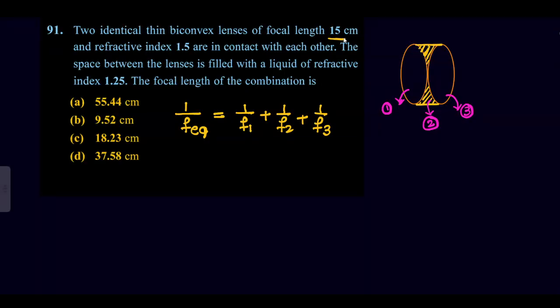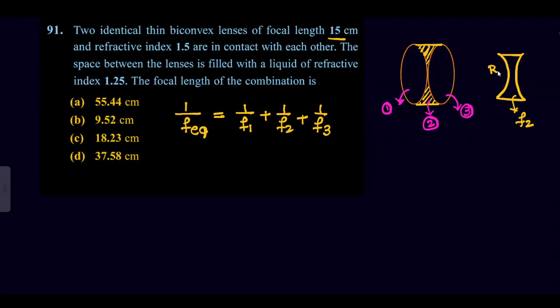What is the type of this lens? Concave. So we have to find the focal length of this lens, that is F2, which we need to calculate.